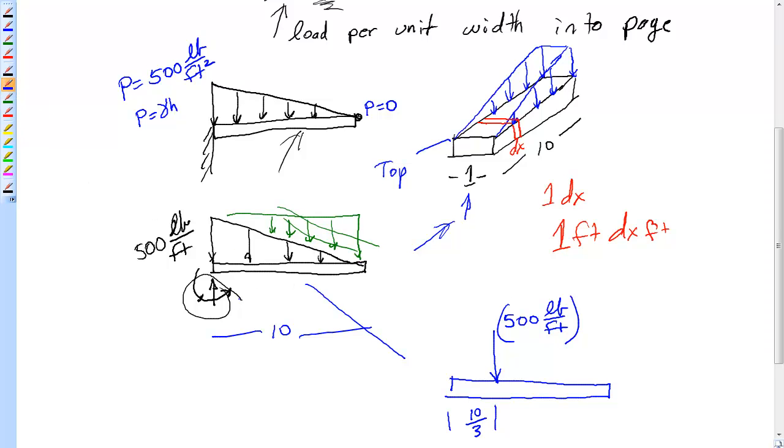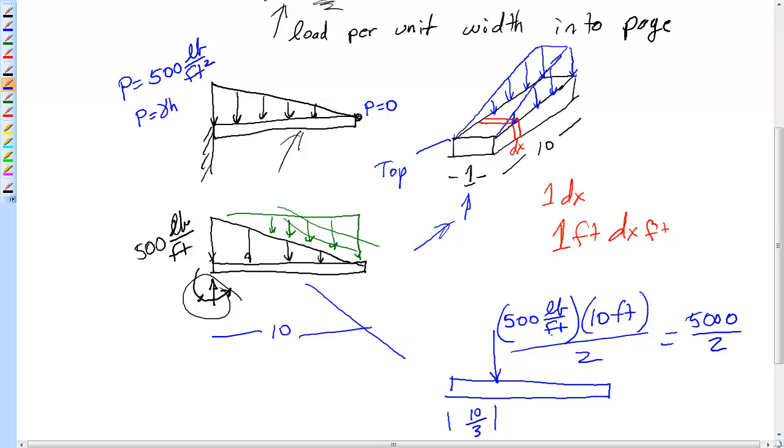So 500 times 10 feet gives you the load it would be if it was a constant across the top, but you only have half of those, or 5,000 divided by 2, or 2,500 pounds.